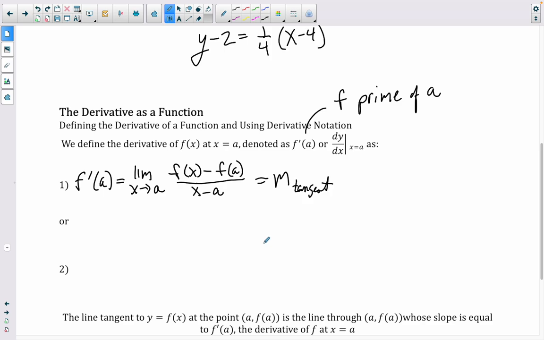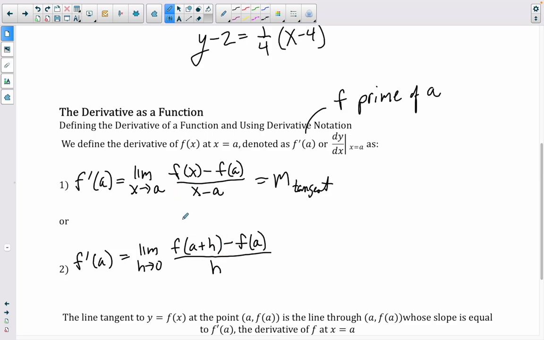The other way we can do it is using the difference quotient, and there'll be a reason why we want to do that at times. So f prime of a is the limit as h goes to 0 of f of a plus h minus f of a, divided by h.